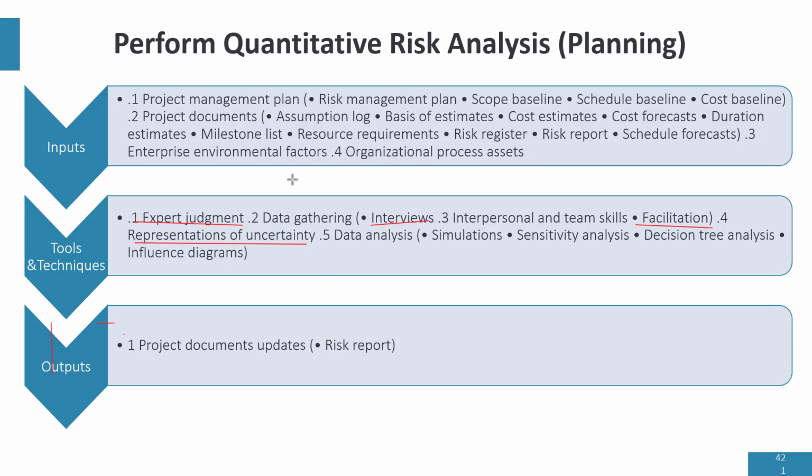Now, remember when we talked about representation of uncertainty, we have what we call beta distribution, which is the same thing as your PERT, and it's given by P plus O plus 4R divided by 6.